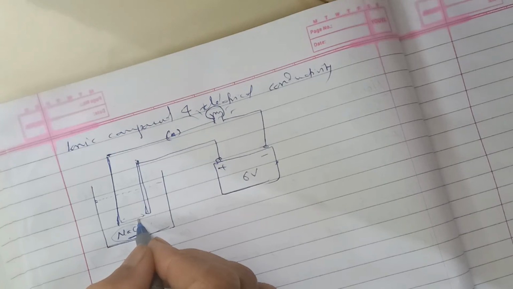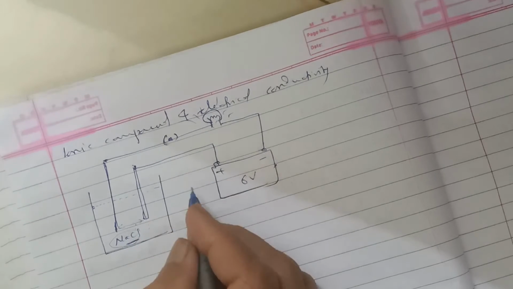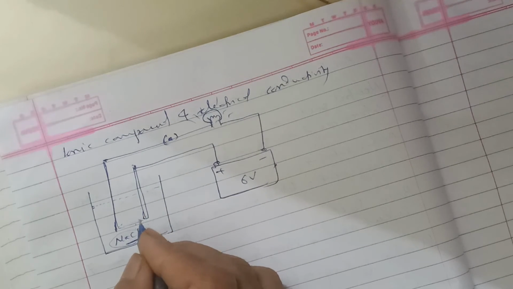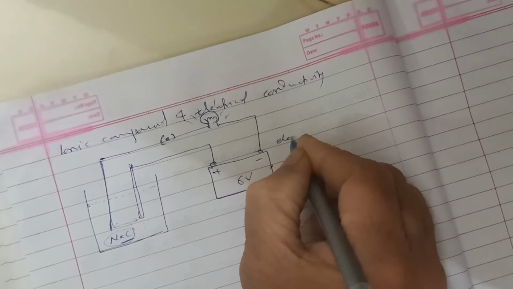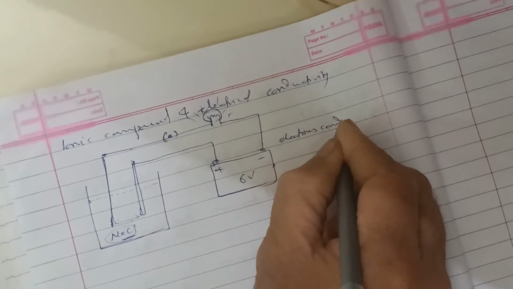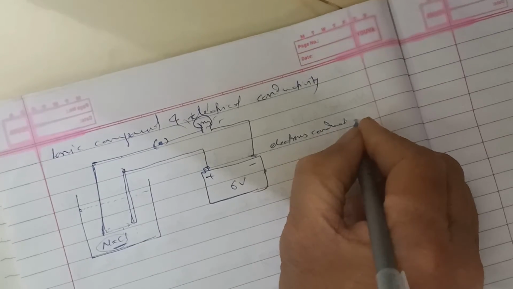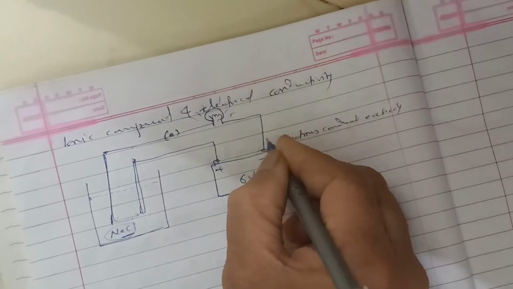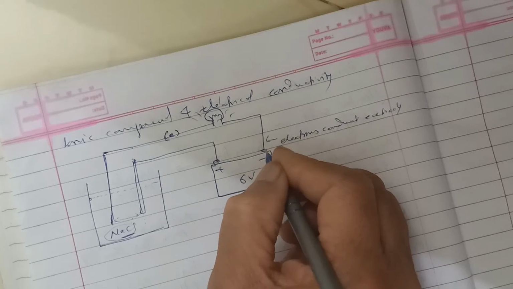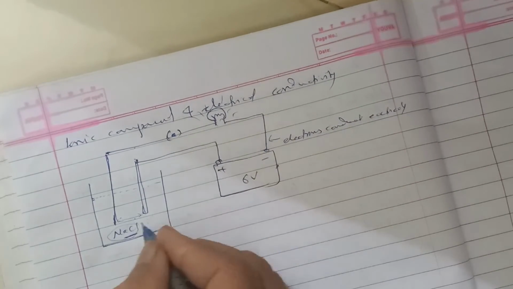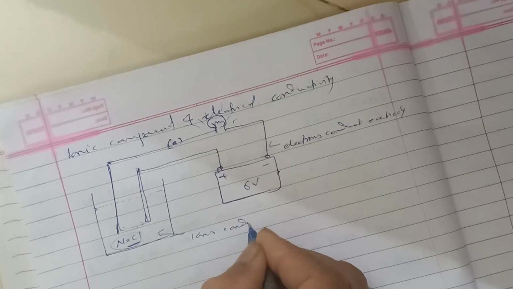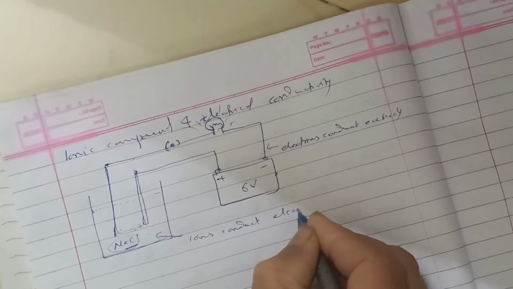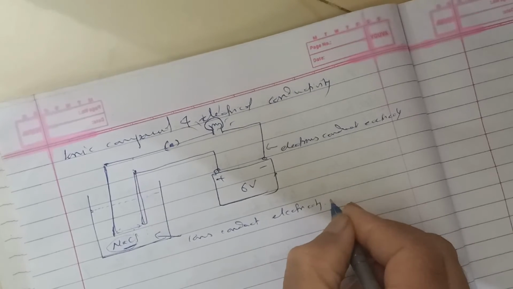How does it conduct electricity? When the electrical current starts, electrons conduct electricity in the electrical wires, and ions conduct electricity in solution.